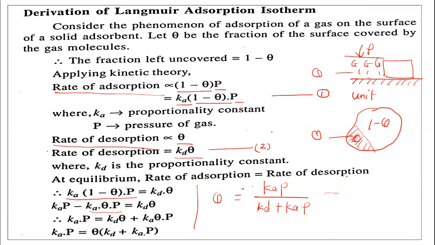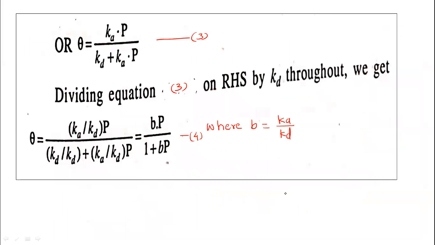So we can find the surface area covered by the gaseous molecule, that is theta, and it is related to the pressure. Let us proceed further. We already wrote theta is equal to Ka into P divided by Kd plus Ka into P, equation 3.